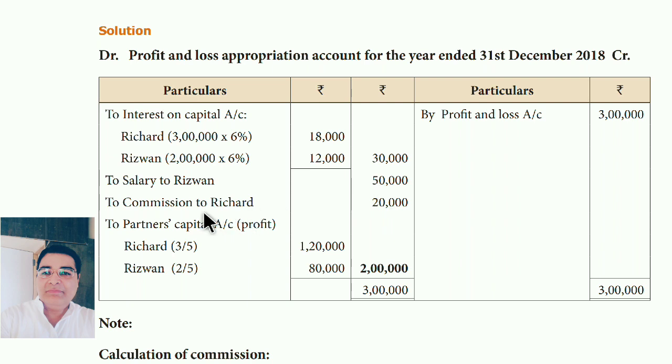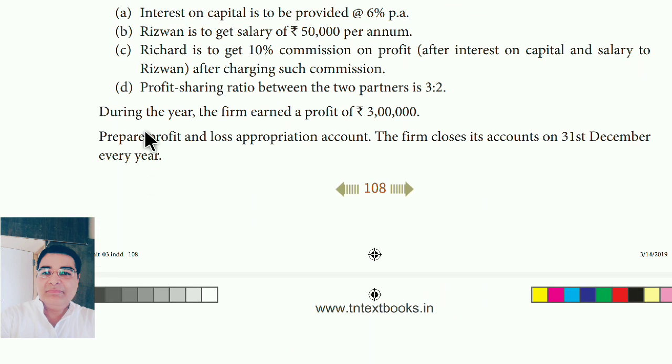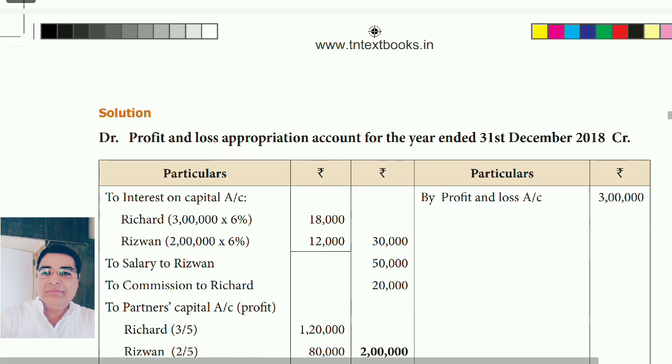Next line given, commission. How to calculate this commission, I will tell you just now. See the line: during the year 3 lakhs profit given. So this profit we write here, by profit and loss account 3 lakhs.